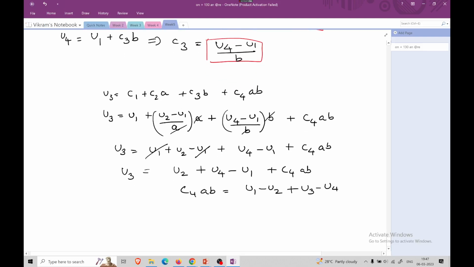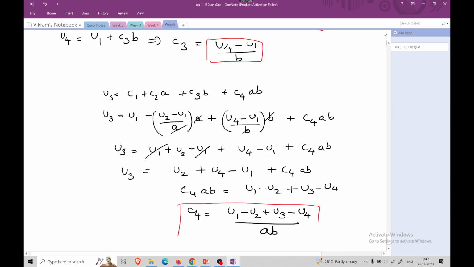Because I am retaining C4 ab here, all the others I am taking to this side. So C4 is equal to u1 minus u2 plus u3 minus u4 by ab.